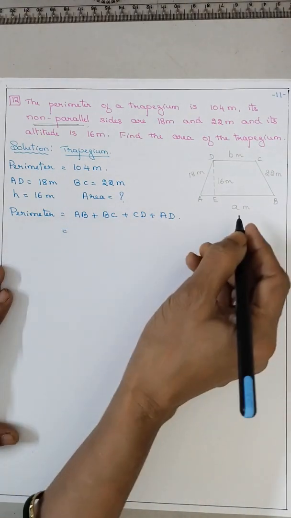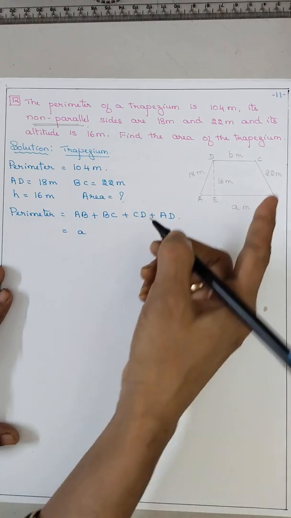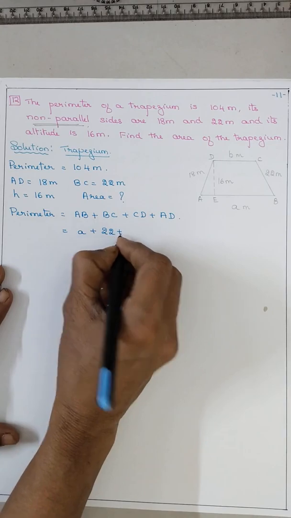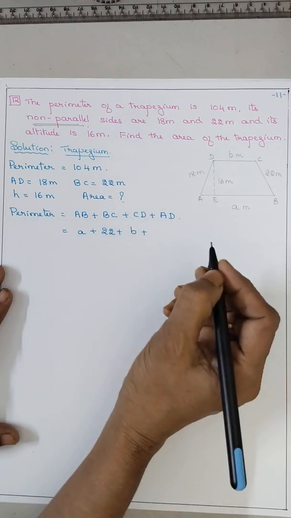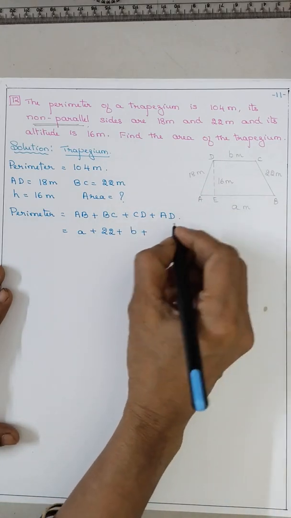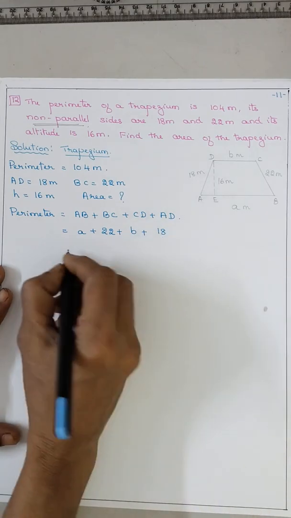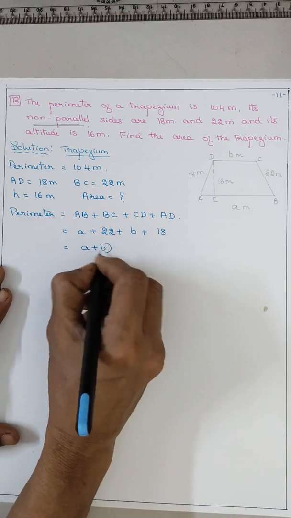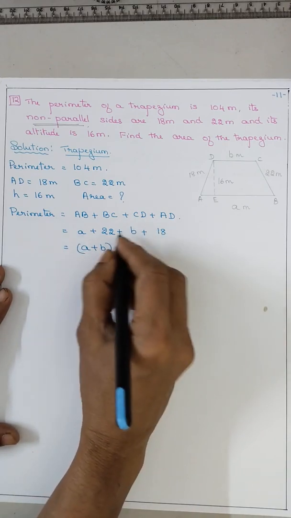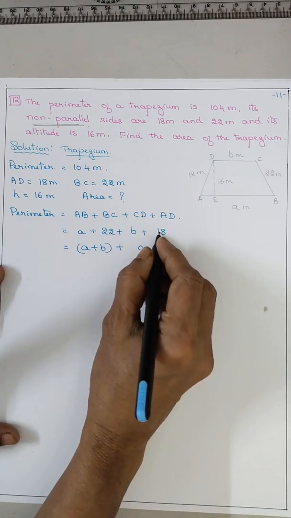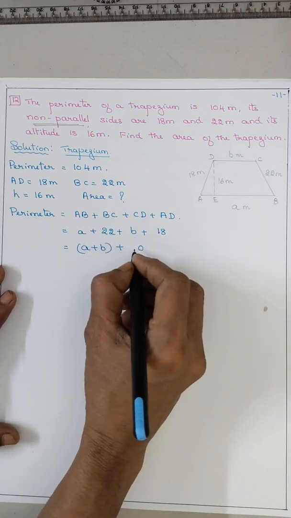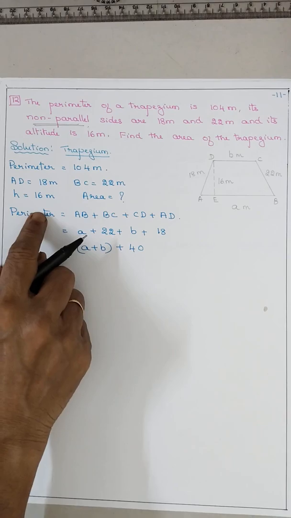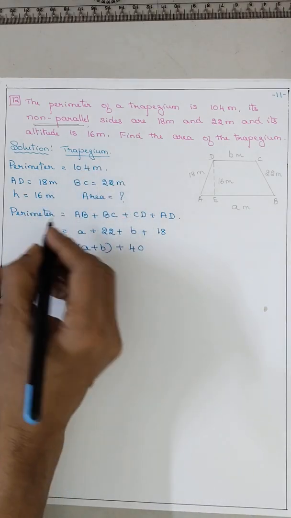So AB is equal to A, BC is equal to 22, CD is B, and AD is 18. A plus B plus 8 plus 2 is 10, 1 plus 1 is 2, plus 2 is 4, that is 40. Now perimeter, how much is given? 104.